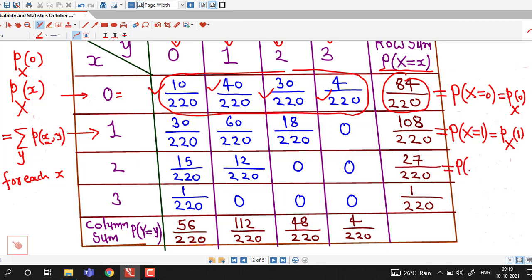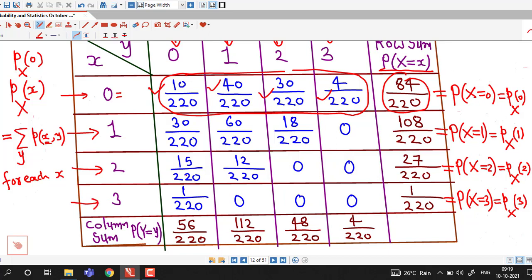Same thing if we consider the total in the third row, that is the row corresponding to x equal to 2, we obtain the value of the probability mass function of random variable x at x equal to 2, and this is the probability mass function of random variable x at x equal to 3.